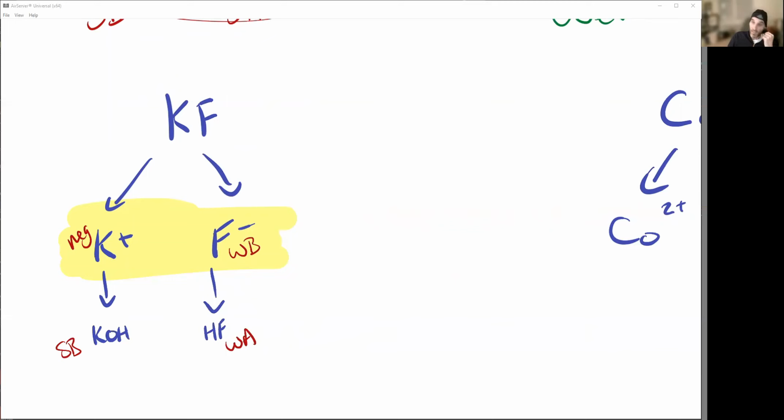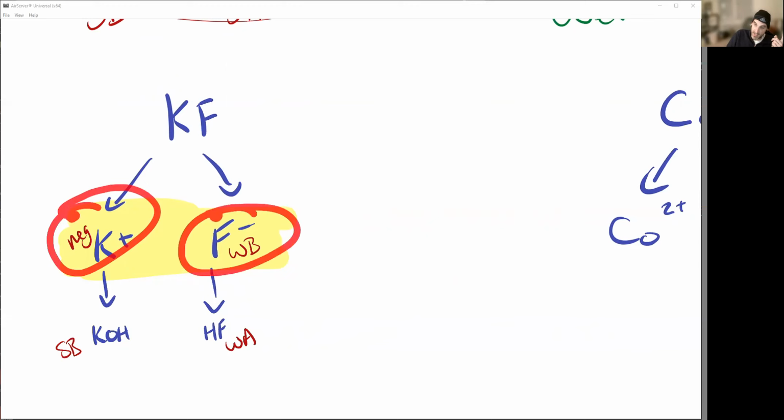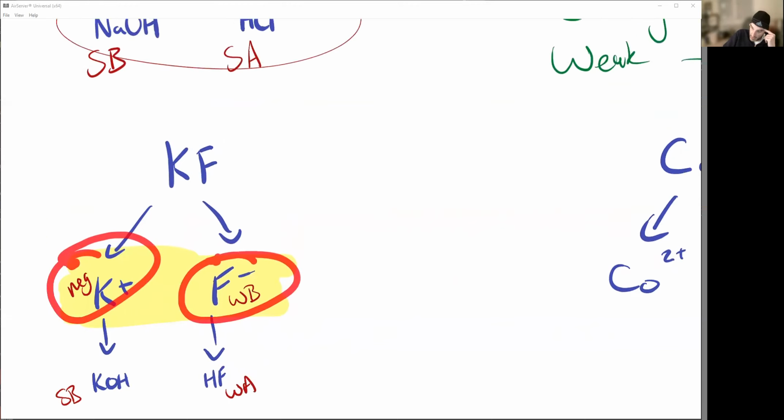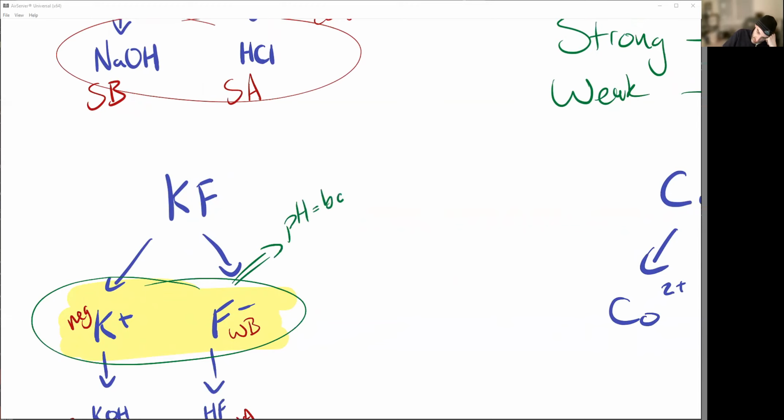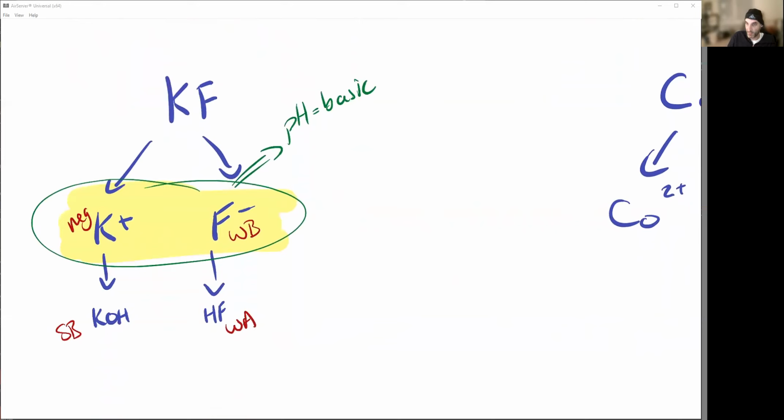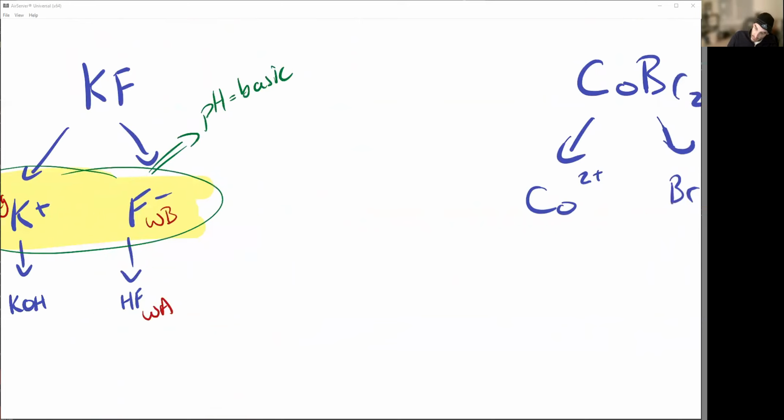So if I have a negligible ion and a weak base in solution, what do I expect the pH to be? We expect the pH to be basic, or slightly basic, because we have the weak base F minus present. Okay, makes sense?